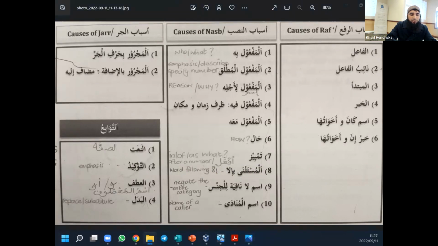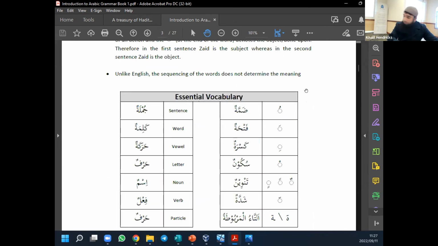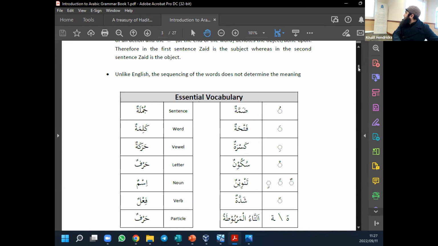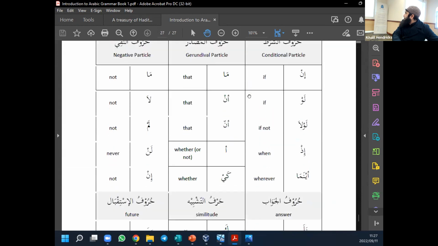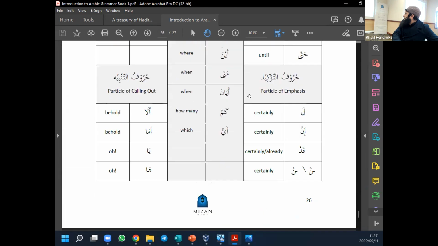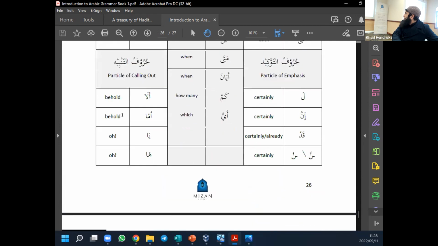First year. So it's on page number... What page is this? 26, right?